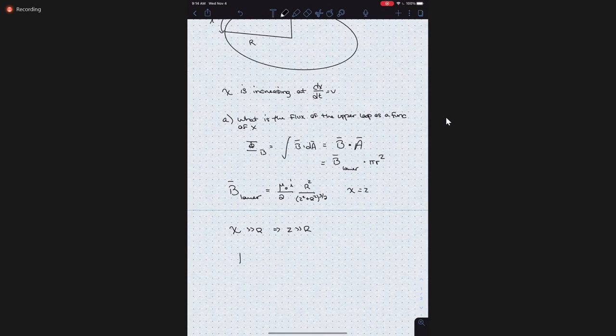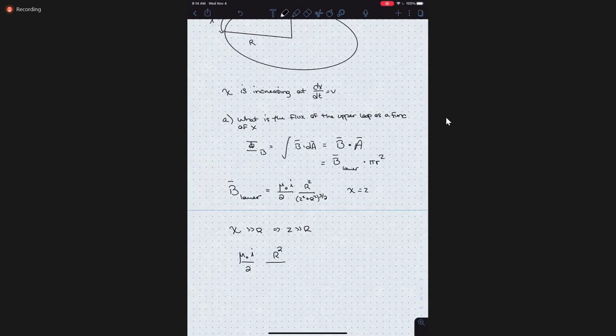So mu naught I over 2 r squared over... whenever you have these types of approximations, you always want to rewrite this in terms of a ratio.